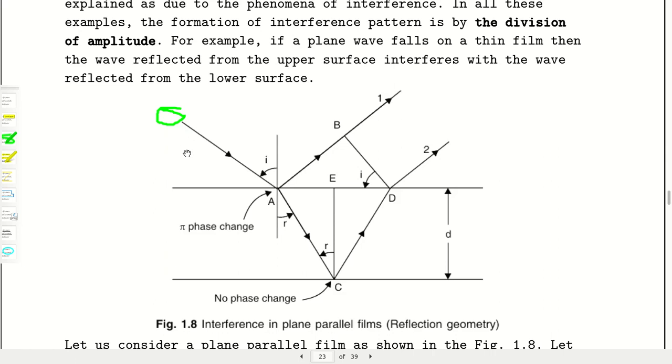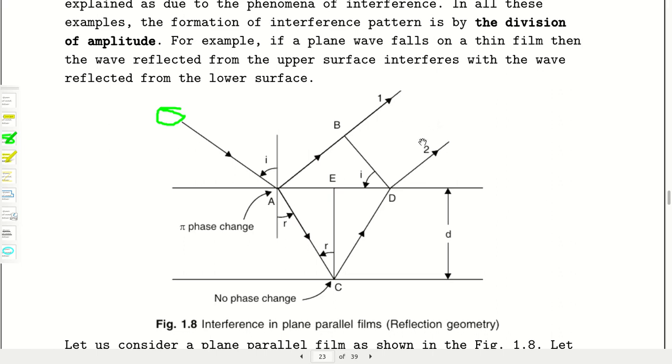If the amplitude is A here, then AR1 is the amplitude of light 1, but the amplitude of light 2 is AR1 into T1 into R2, and this one is AR1 into T1 into T2. So the amplitude part is very much different. We have to study this different phenomenon, that is, interference due to the division of amplitude. The amplitudes are different and get reduced as you go further.